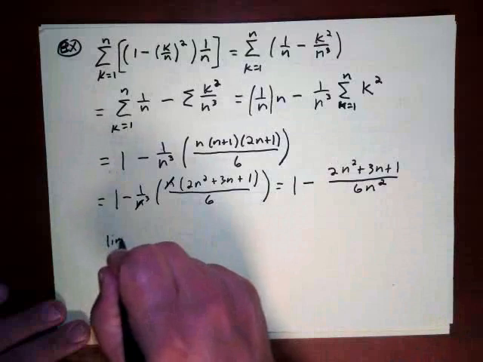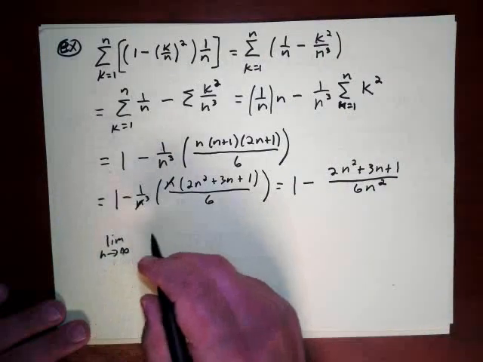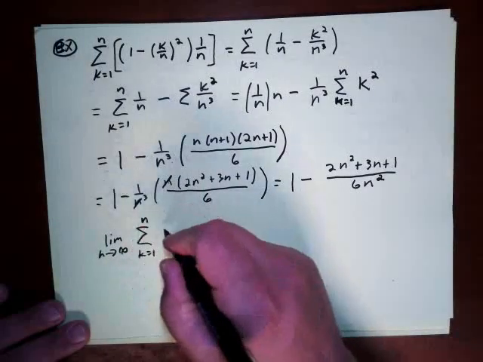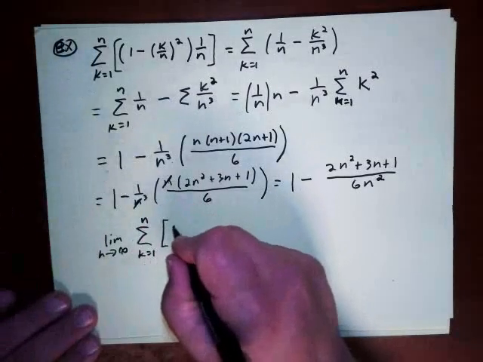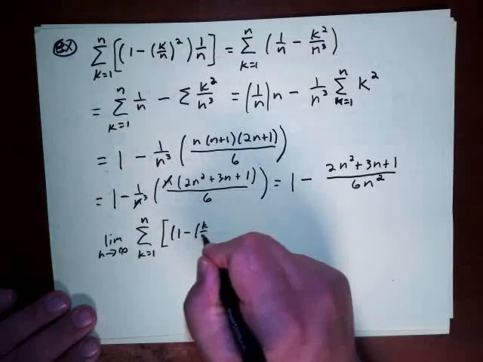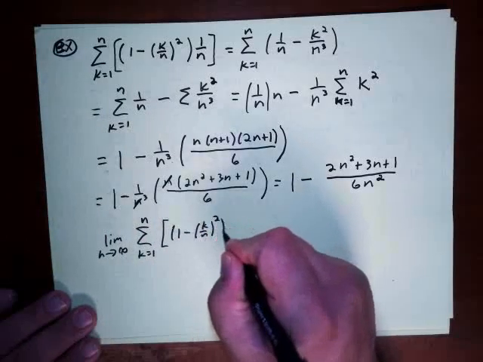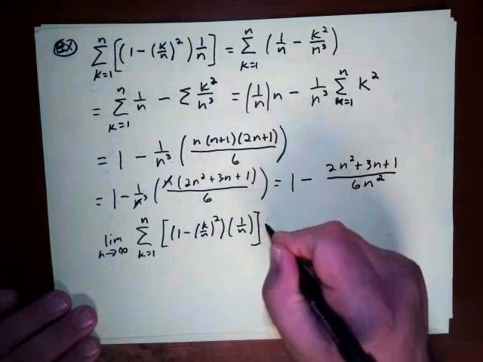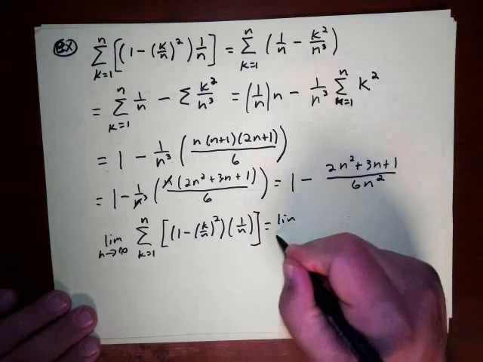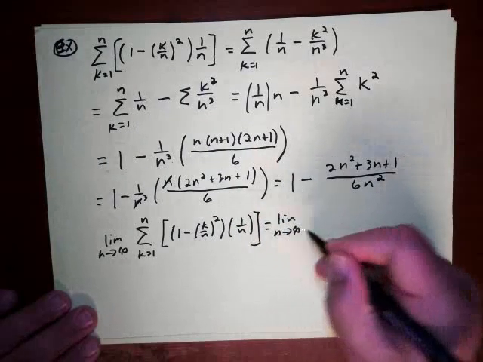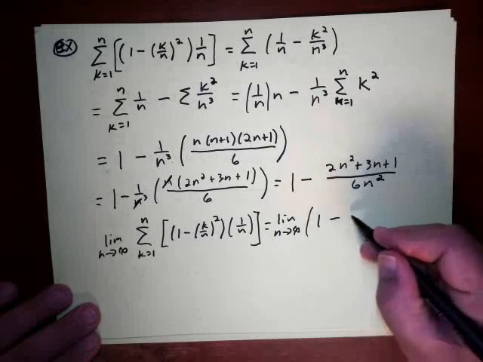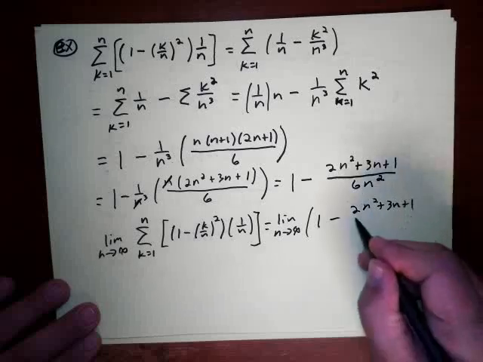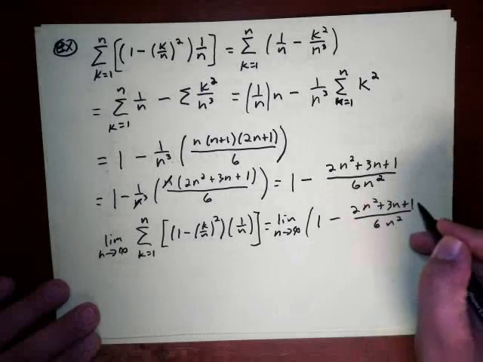So if I did the limit as n goes to infinity of this sum, k equals 1 to n, and I'm going to write the original sum up here, that's equal to the limit as n goes to infinity of this, 1 minus 2n squared plus 3n plus 1 all over 6n squared.